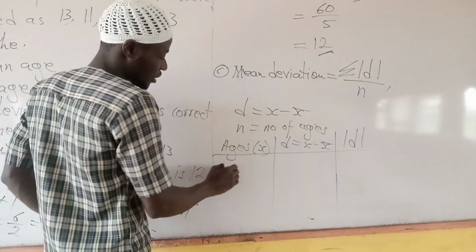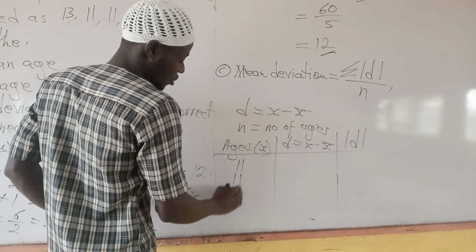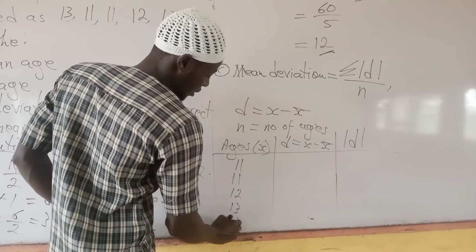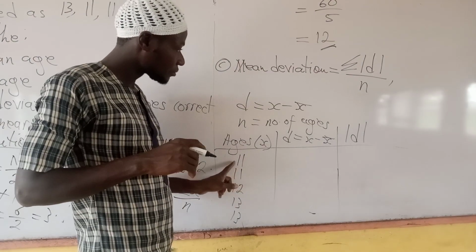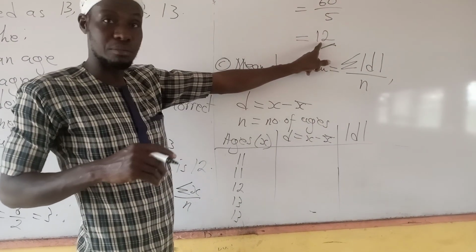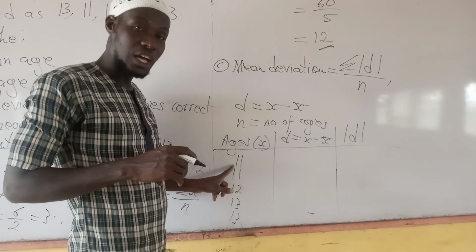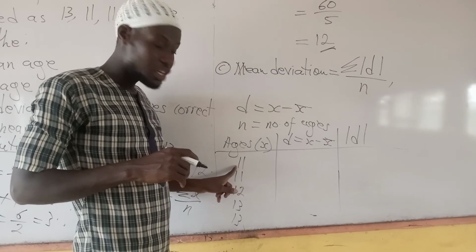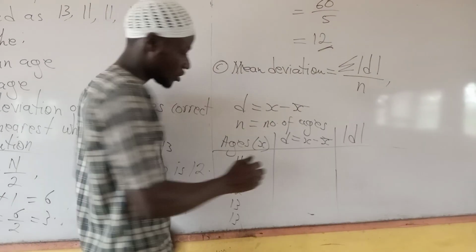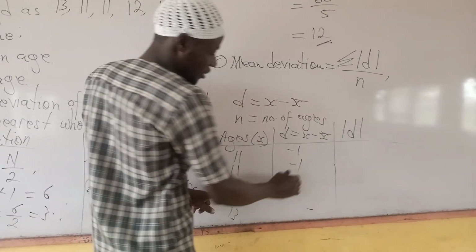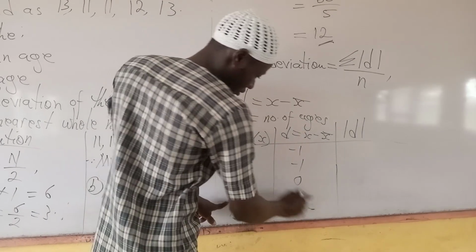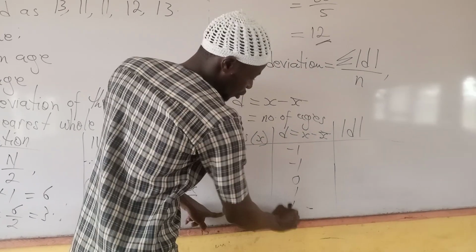And so here the ages, we have 11, 11, 12, 13, 13. Now subtracting the mean from the individual ages. So 11 minus 12 will give us minus 1. This will be minus 1. This will be 0. This will be 1. This will also be 1.